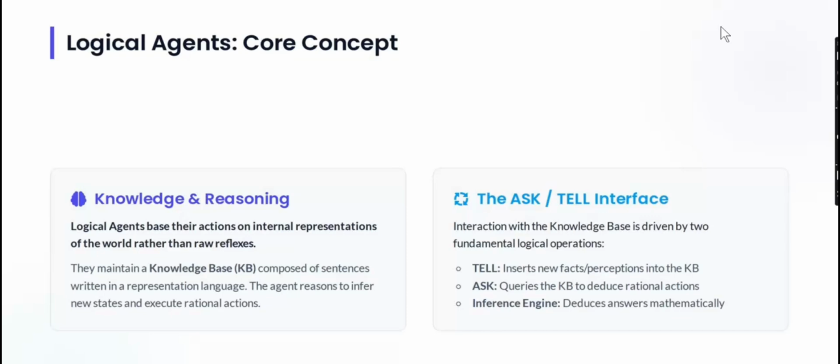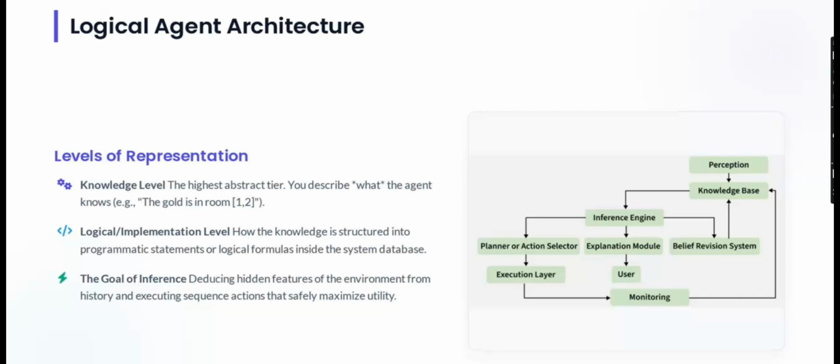Now, what is an inference engine? It deduces answers mathematically. There are three levels to represent logical agent architecture. The first level is the knowledge level. At this higher abstract tier, you describe what the agent knows. For example, the gold is in room number 1 or 2.